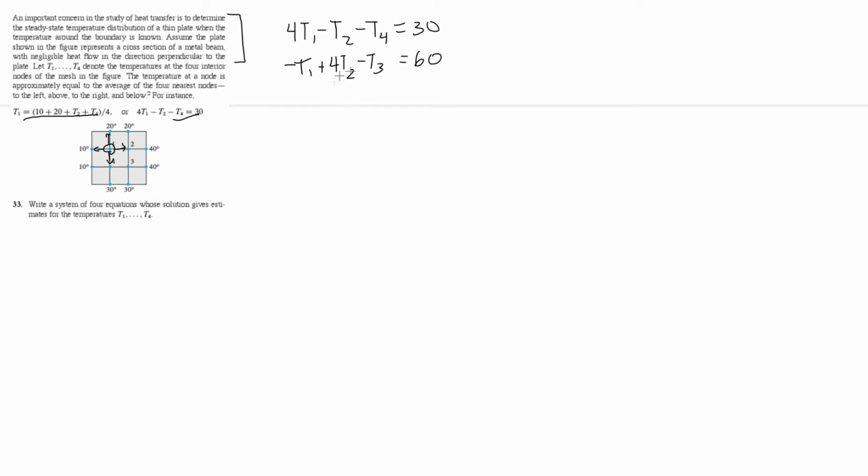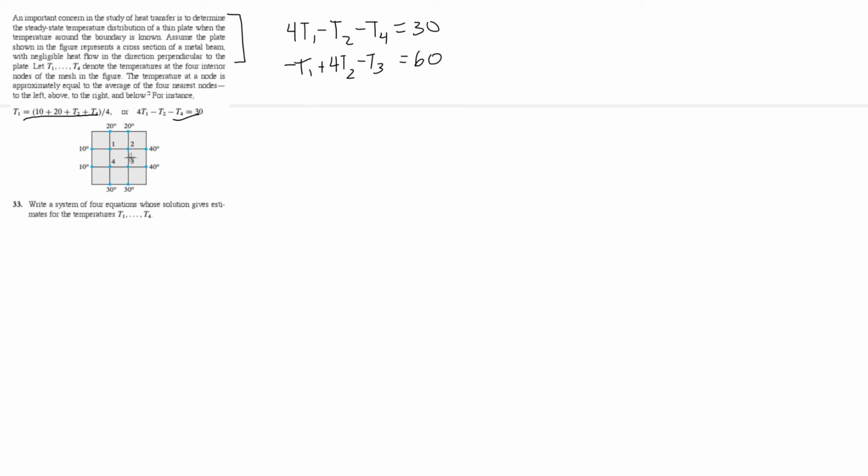And again, T4 is the missing variable, and there's going to be one variable absent in each one of these four linear expressions, just because of the way they're asking us to retrieve the values from this little diagram. I'm going to erase this so that we can actively write on it.